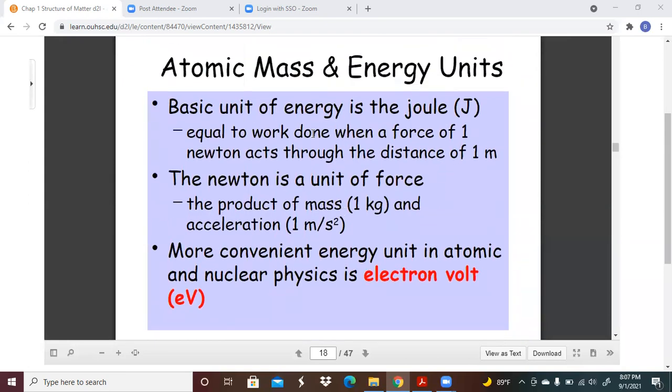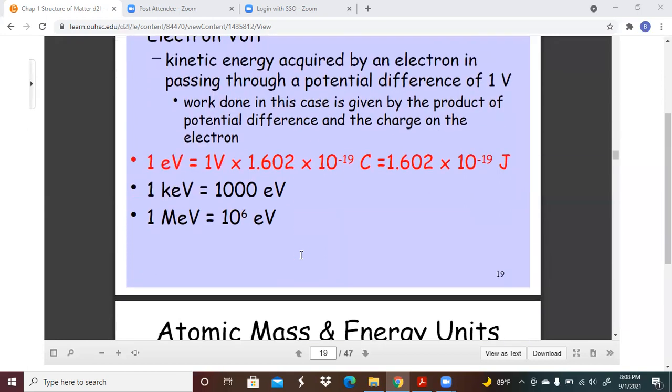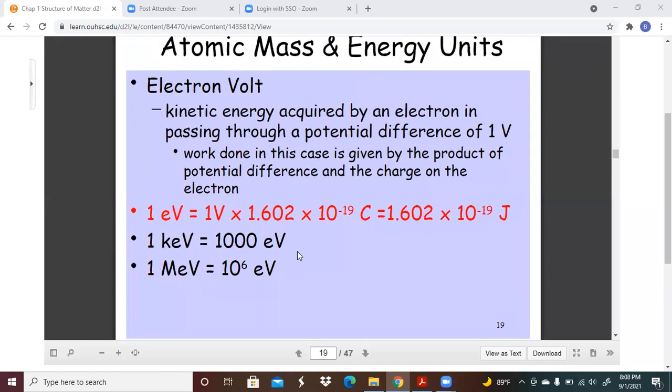Is the joule the same as what we are discussing up here, basically 1 Newton meter? Yes. Energy is measured in joules, the same concept on the macroscopic level as on the microscopic level. It's just that we have smaller units to work with at this particular level.